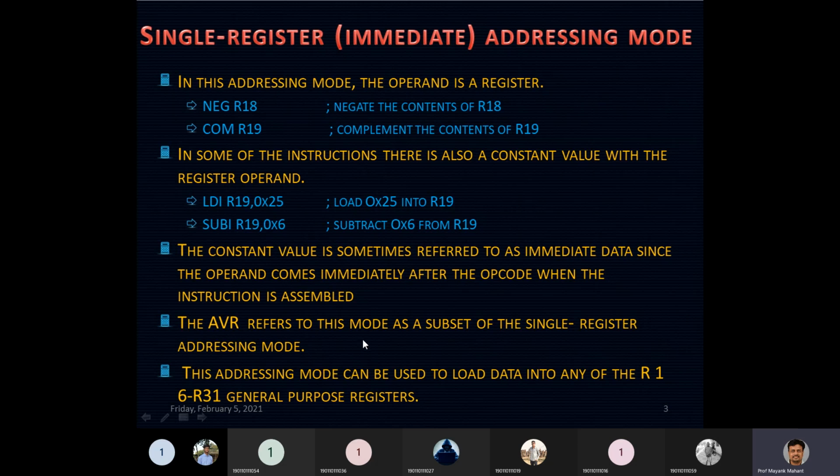The AVR refers to this mode as a subset of single register addressing mode. So this is single register addressing mode, and this is single register immediate addressing mode, which is actually a subset of the single register addressing mode. This addressing mode can be used to load data into any of the R16 to R31 general purpose registers. You need to remember that single register immediate addressing mode can only be used with registers R16 to R31.